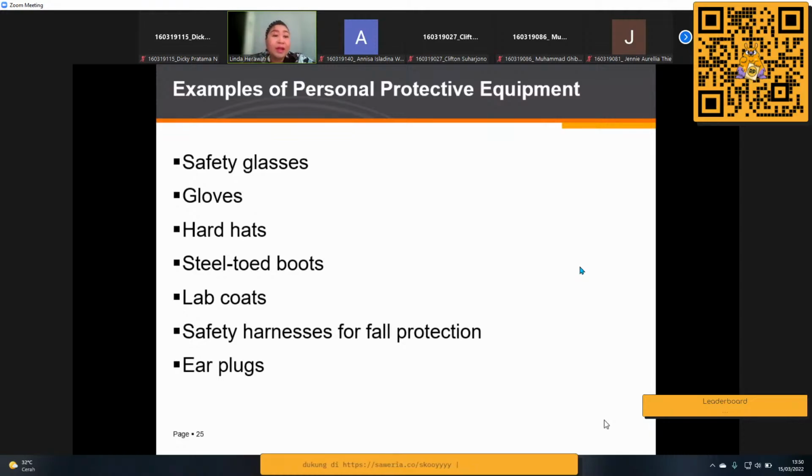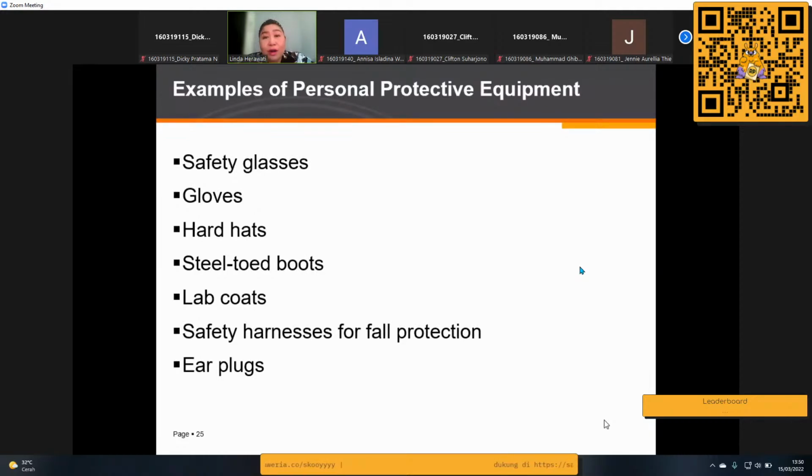And lab coats are also one of the personal protective equipment, and sometimes lab coats are made of specific materials. For example, not easily flammable, not easily penetrated by liquid material, etc. And then another personal protective equipment for the mechanical hazard is also the safety harness.